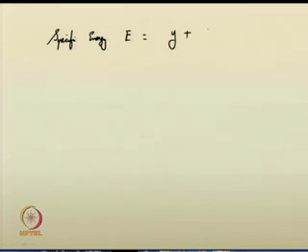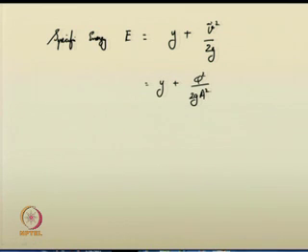For the specific energy in module 1, you discussed that this is nothing but the pressure head plus velocity head. This is y plus q squared by 2 g A squared.